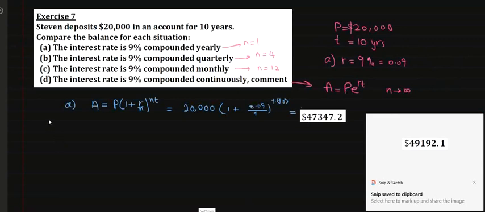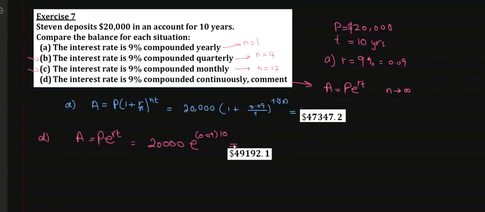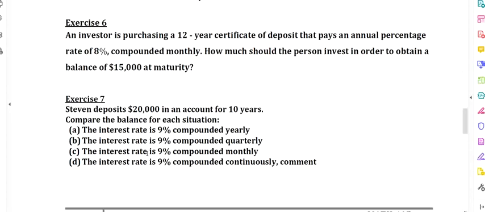So here we will do B and C like we did in A, and for D we have A is equal to P times e to the power of RT, where P is given by 20,000 and e to the power of R, which is given 0.09, times the T, which is 10. We didn't use any N here, and therefore it will give that amount. Right? Okay. Let's move to the next exercise.